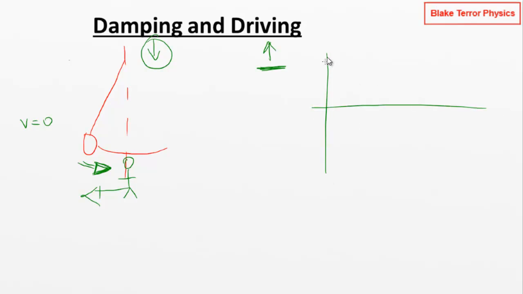So if this is our displacement time graph for a particular oscillation, which is just going along, a typical sort of sine wave approach, if we're going to damp it or we're going to drive it, we're not changing the frequency, because as we know, the time period is 2 pi root L over g. So this just depends on the length of the pendulum, which we're not changing.